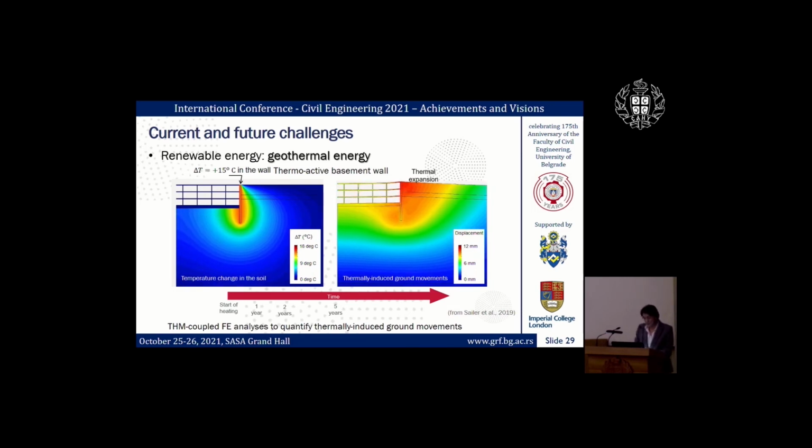And these graphs here just show, for example, a retaining wall that is made thermoactive and heated by an additional 15 degrees centigrade, causing obviously thermal expansion of the soil that imposes some deformations and extra forces in the structural elements.